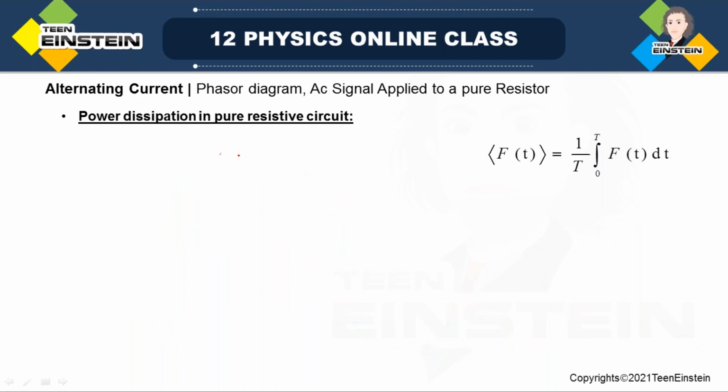Now I have got I RMS equal to I0 by root 2. So if I write average power with the RMS current, I RMS squared into R, look what we will get.